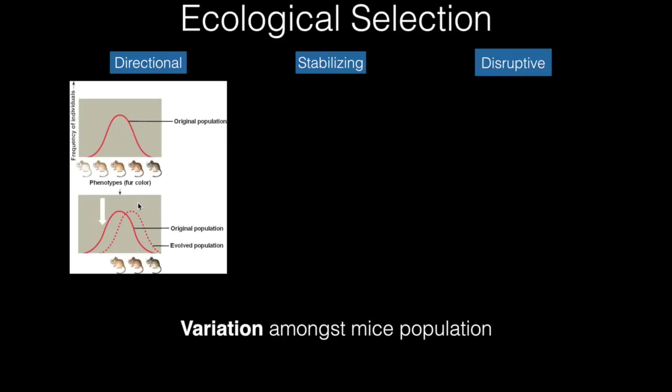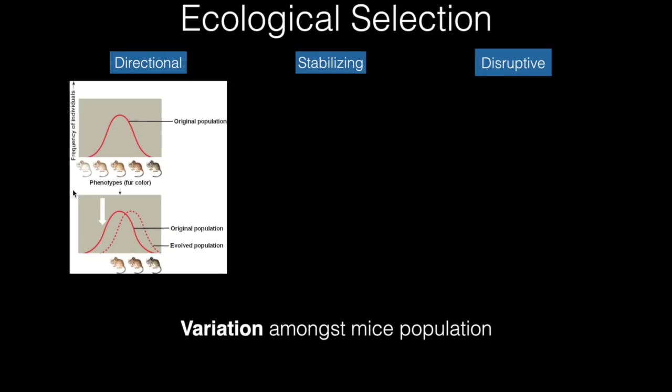Directional selection is essentially when one extreme of the population is eliminated. In this example, we're going to talk about variation amongst a mouse population. You're going to have a natural variation in the colors of mice in a population. It's just naturally occurring. Directional selection is when one extreme is eliminated due to natural means.